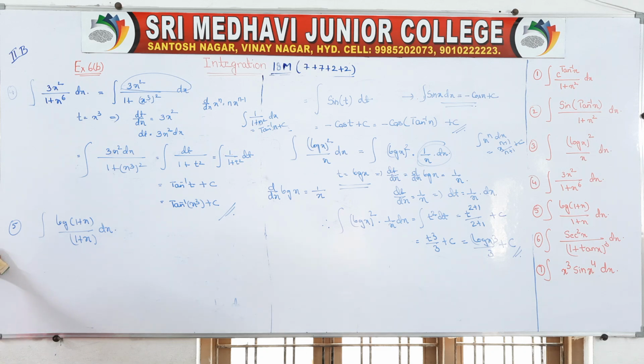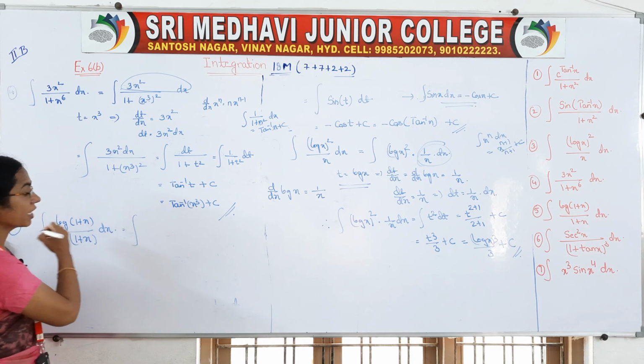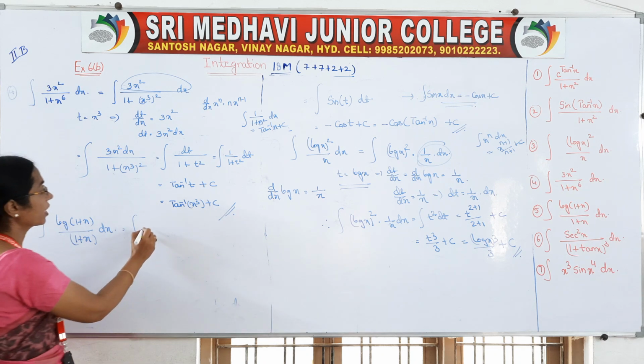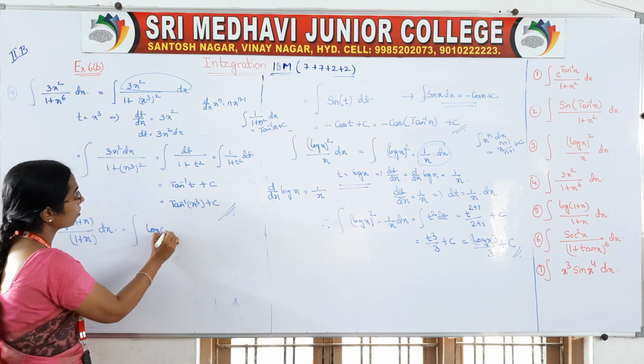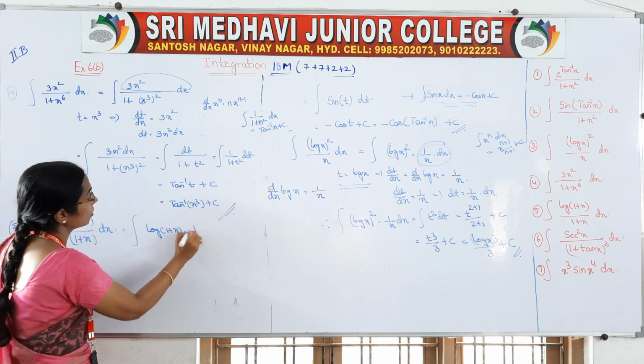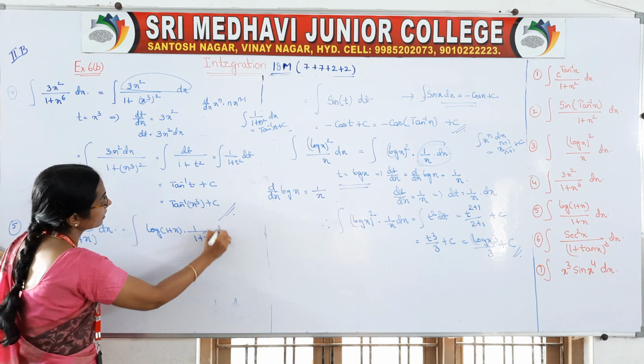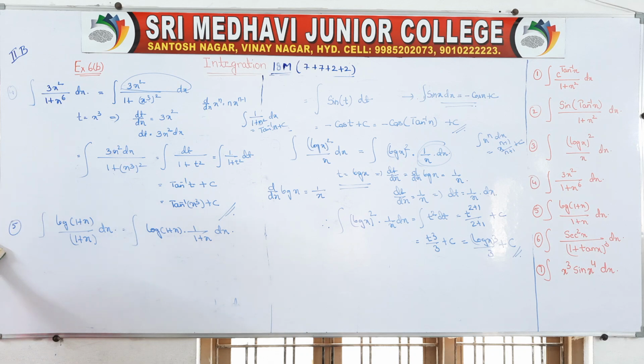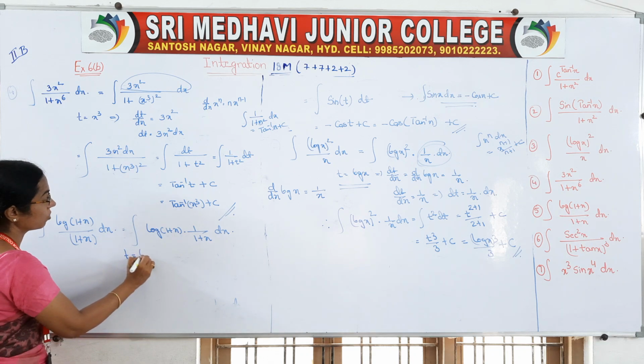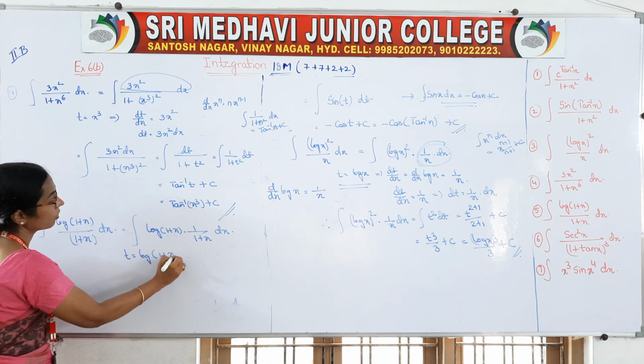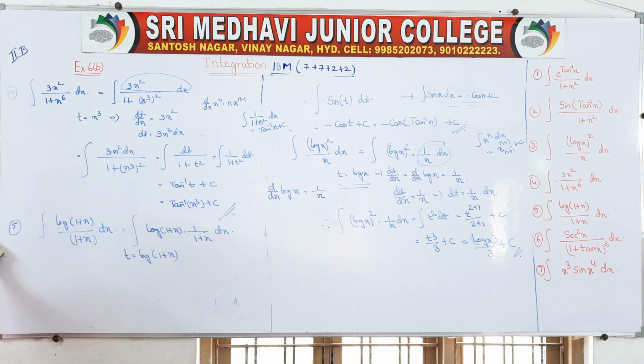So we have to take t as log of that value. So first of all, how we can write this problem? We can write this as log of 1 plus x into 1 by 1 plus x dx. So you take t is equal to, what is it? Log of 1 plus x. Differentiating both sides with respect to x.